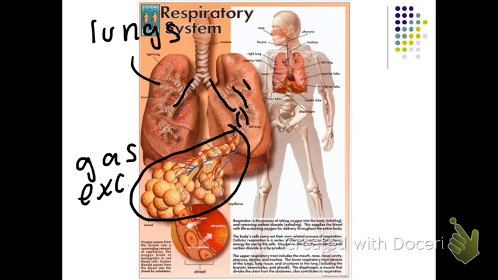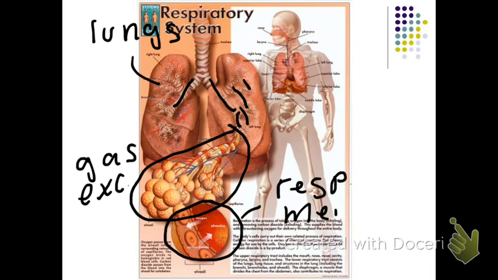And then here we have the respiratory membranes, which we will talk about, all of these structures, throughout the PowerPoint.